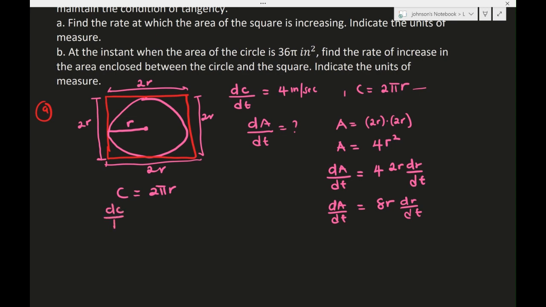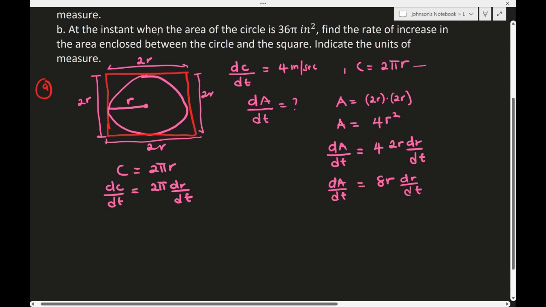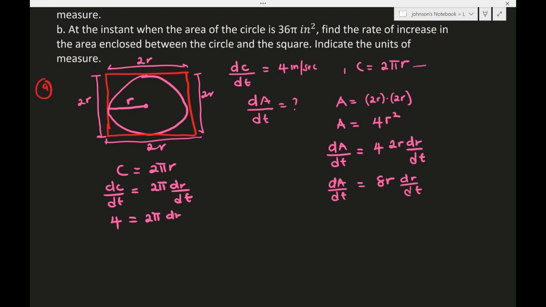If you differentiate this, dc/dt is going to be 2 pi, a constant, times dr/dt. But in the question, we have dc/dt to be 4, so 4 equals 2 pi dr/dt. So it means dr/dt is going to be 4 over 2 pi, and definitely this is going to be inches per second.